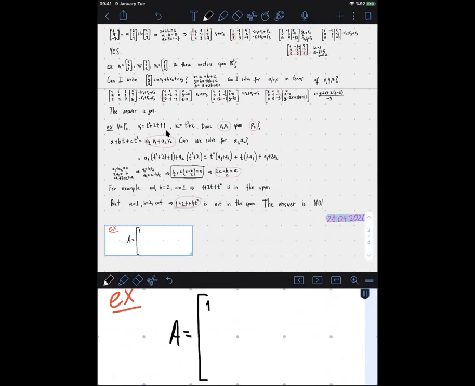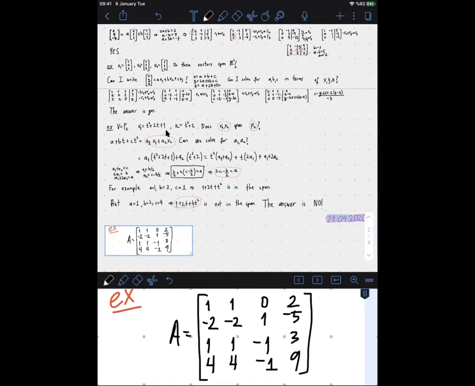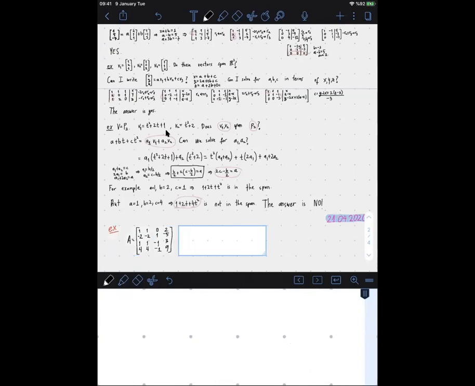Let me copy it. Row 1: 1, -2, 1, 4. Row 2: 1, -2, 1, 4. Row 3: 0, 1, -1, -1. Row 4: 2, -5, 3, 9. We are considering the equation Ax equals the zero vector.